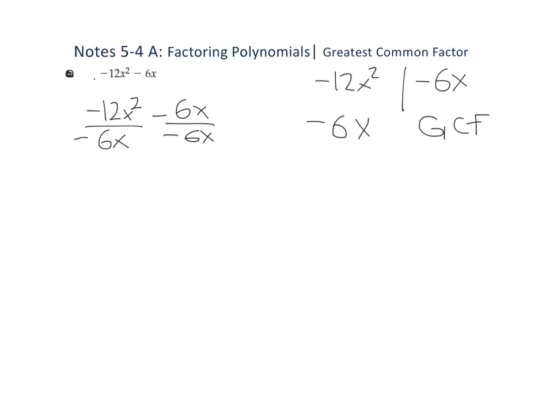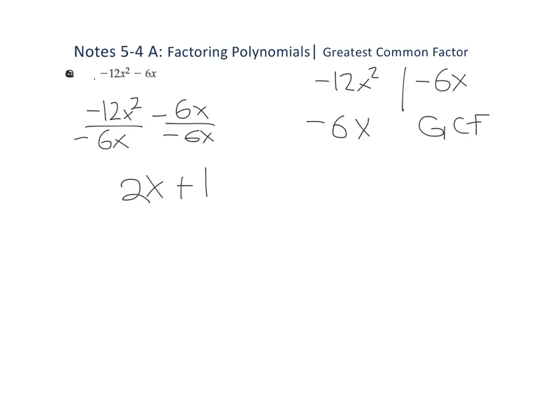So negative 12 divided by negative 6 gives me 2. X squared divided by x, I subtract the exponents and I get x to the first. And you notice here negative 6x over negative 6x, those are exactly the same thing, and according to the rules that we know, any number divided by itself is 1, so that's a positive 1.